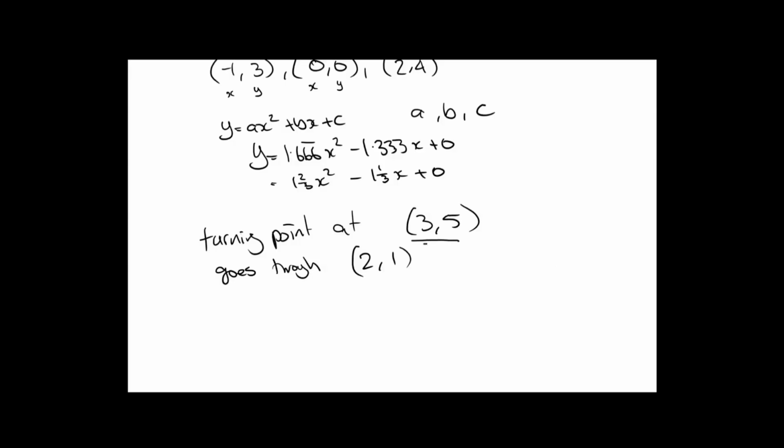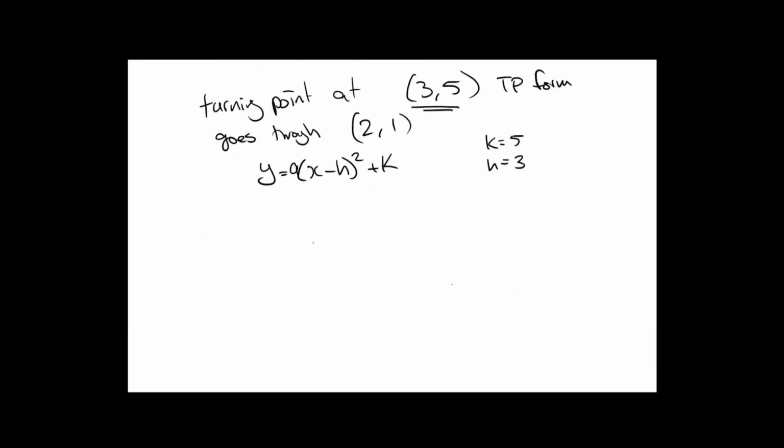Well, we know we've got a turning point, so we can use turning point form: y equals a, and that a is going to mean something now, (x minus h) squared plus k. We know that k is going to be 5, and we know that h is going to be 3. We don't know what a is, but let's put it in and work out what a is going to be.